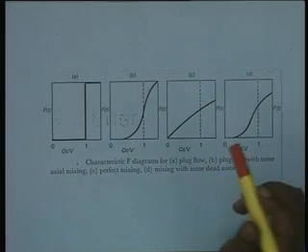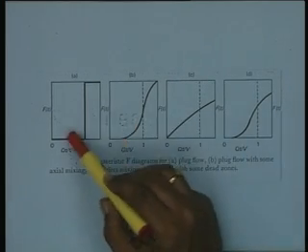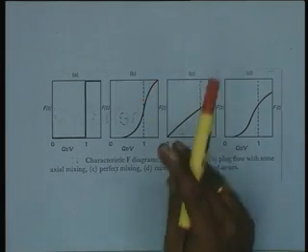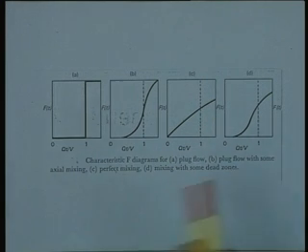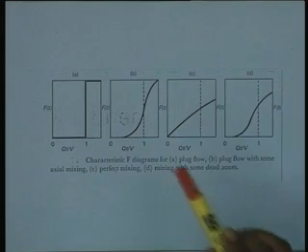In the case of a plug flow with some axial mixing, that means a non ideal plug flow, the behavior instead of being like this may be something like this. The output becomes a curved one instead of vertically upwards, and the deviation of this from the vertical gives the non ideality.